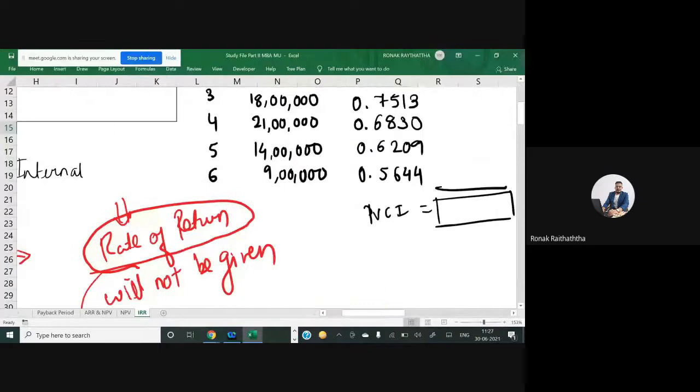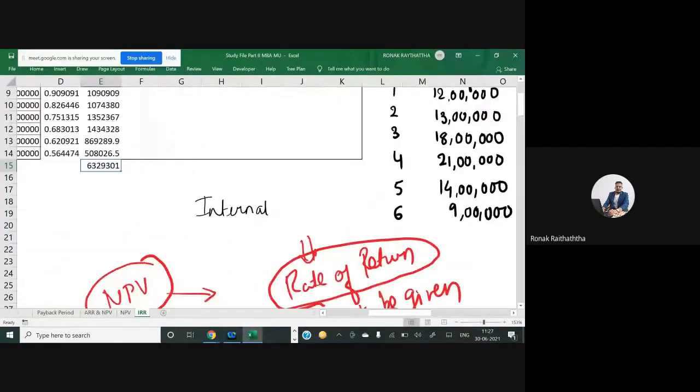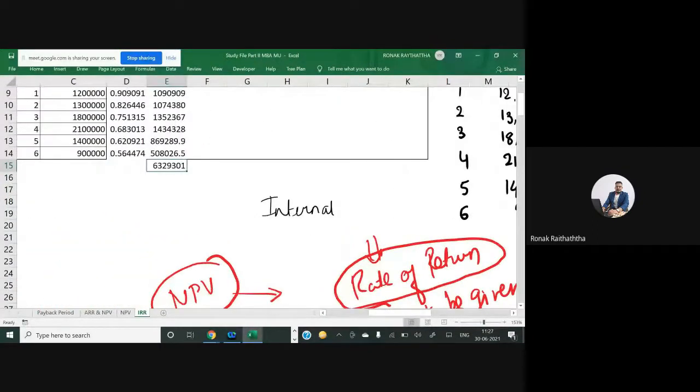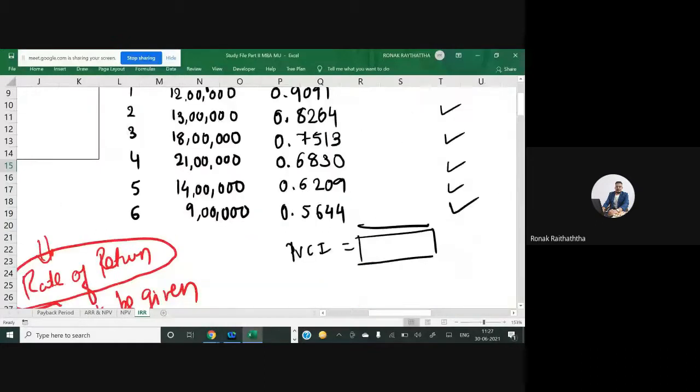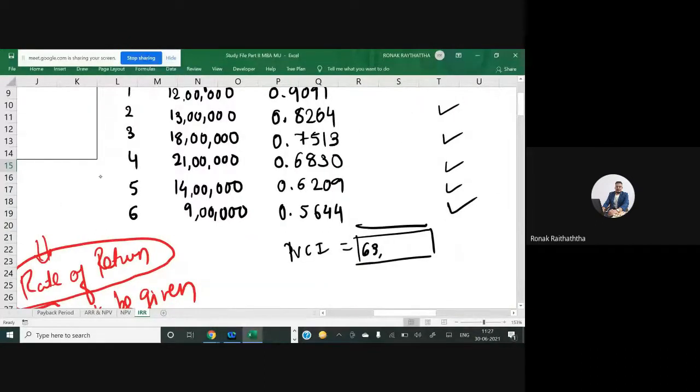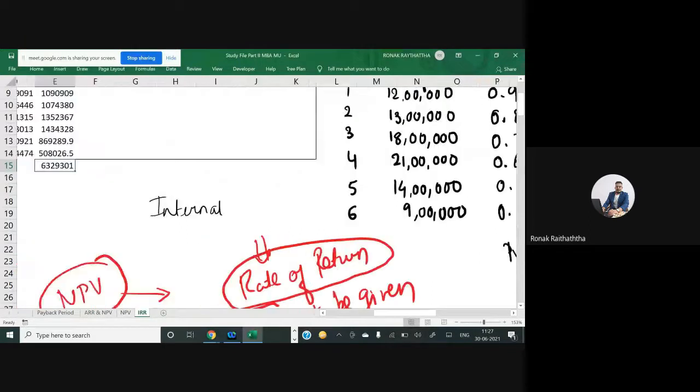So Darshita is near to the right answer. 63 lakhs 29,000, 301.